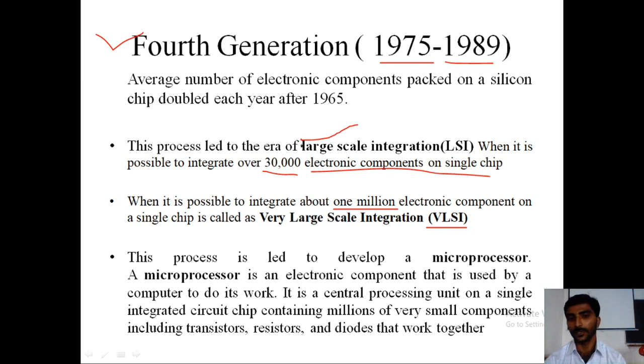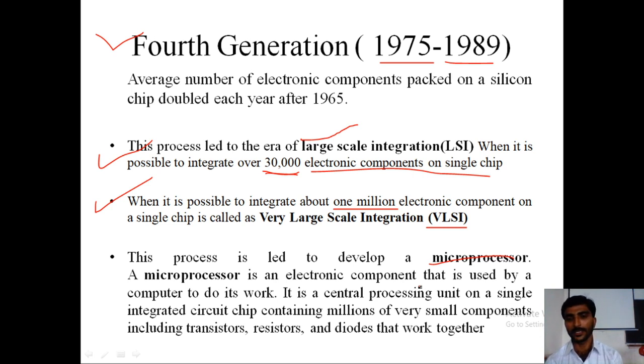Up to 30,000 is LSI, and up to 1 million is very large scale integration. Based on these two processes, the microprocessor was developed. What do you mean by microprocessor? The microprocessor is an electronic component used by a computer to do its work.